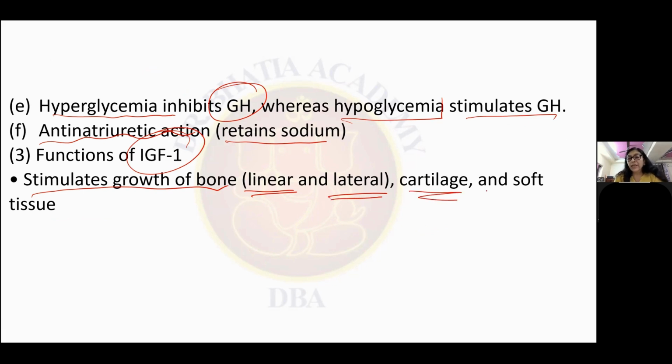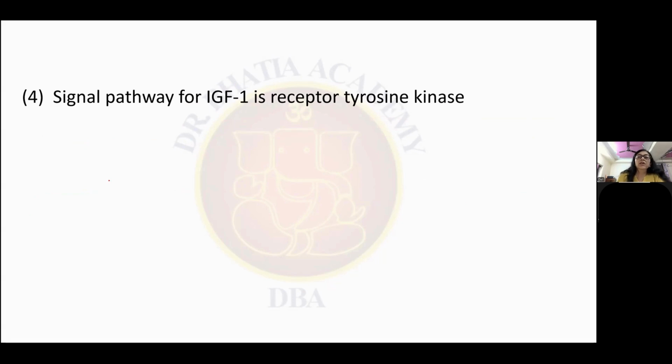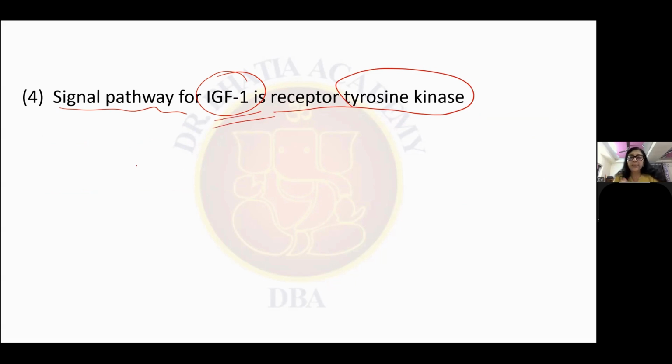There is growth of the cartilage also and the soft tissue also. The signal pathway for IGF-1 is receptor tyrosine kinase. We will learn more about the hormone receptors in the chapter when we discuss the mechanism of hormone action. So the signal pathway for IGF-1 is tyrosine kinase.